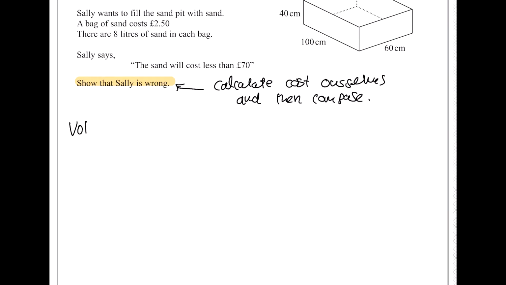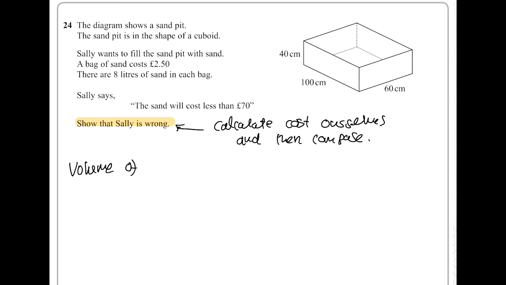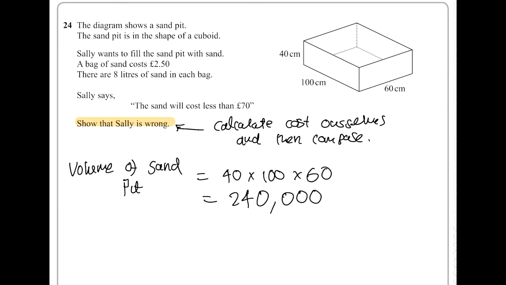So the volume of this cuboid, or what they call a sand pit, would be equal to 40 times 100 times 60. So if we do that, 6 times 4 is 24. And then we'll have 4 zeros. So 1, 2, 3, 4. And that's again in units of centimeters cubed.